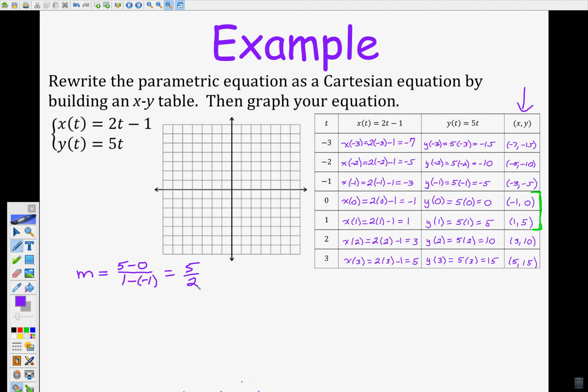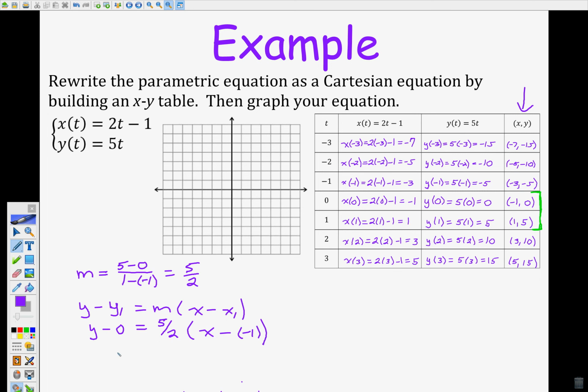Now I don't know if you guys remember point slope form, but you should. Point slope form is y minus y1 is equal to your slope times x minus x1. So I'm just going to pick my easiest value, this one here with the 0 in it, and plug it in. So that would be y minus 0 is equal to 5/2 times x minus -1.